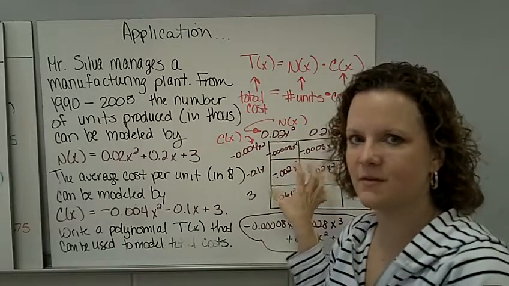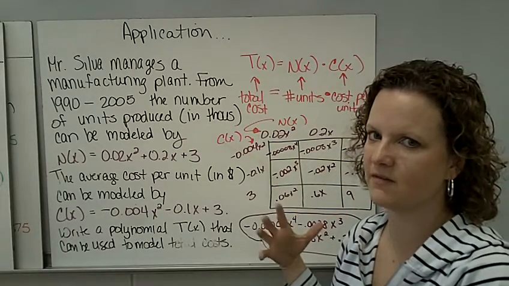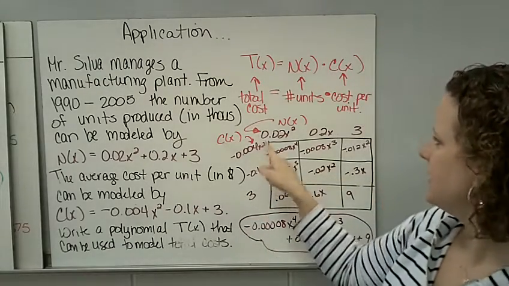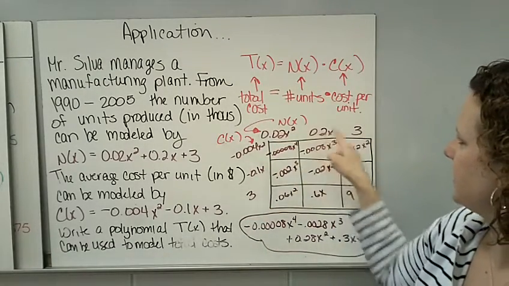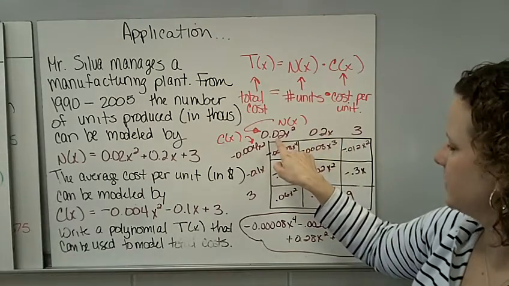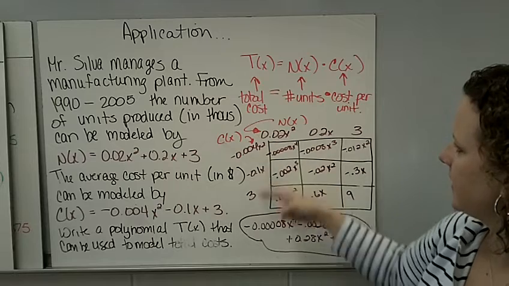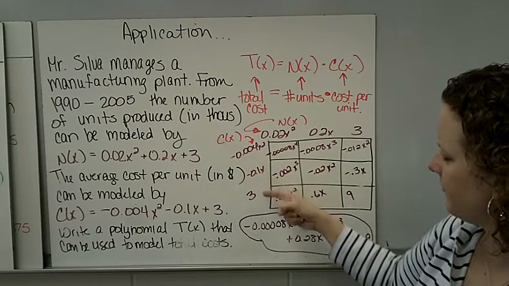I set up a table for this one because the numbers are a little messy and very small with a lot of decimals. So the top of the table is the number of units: 0.02x squared, 0.2x, and 3. And this line is the total cost function.